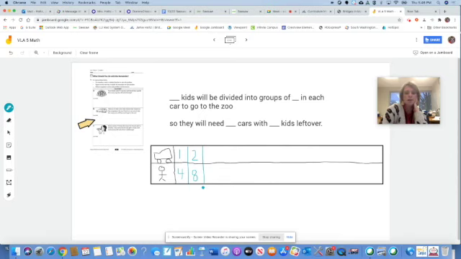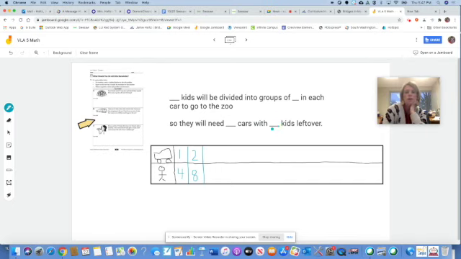When you are done figuring it out, we need to fill in how many cars will we need, and then will there be any kids left over? Okay. Is it okay if we have some kids left over? No, it's not, because we need all the kids to be able to go to the zoo. So then think about how you might deal with the remainder.